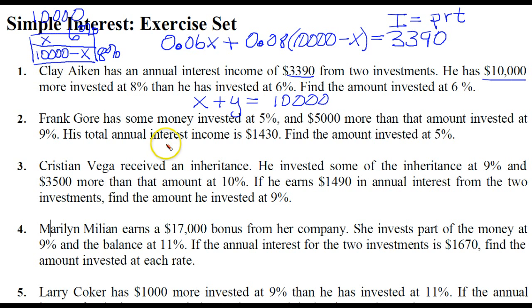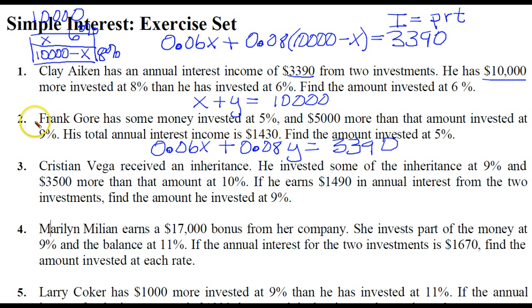And then we're going to have 6% of X plus 8% of Y equals. So in chapter 2, we did it this way; in chapter 4, we would do it this way.